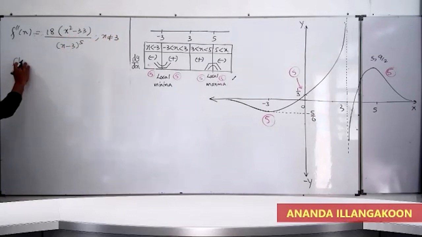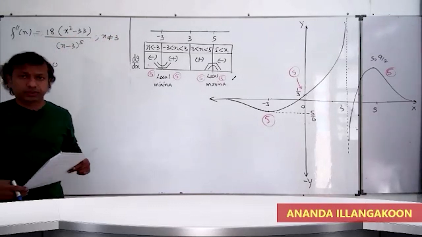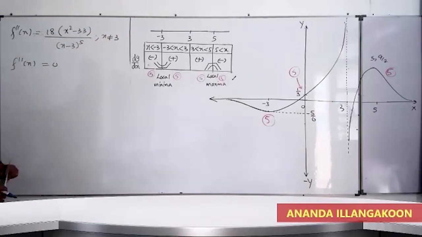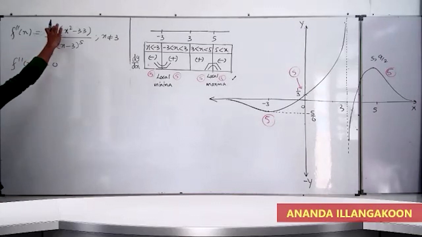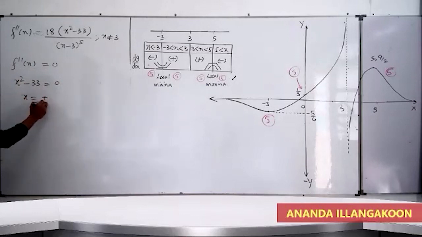F double dash x, we have to equate to 0. At the point of inflection, we know that f double dash x should be 0. Conversely, not true. When we equate this to 0, the numerator must be 0, no? Numerator, x squared minus 33 should be 0. X is plus or minus root 33.